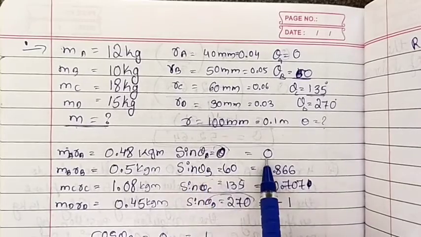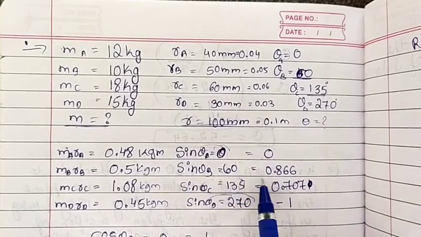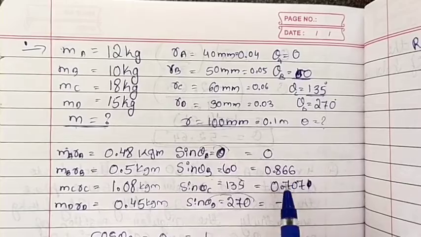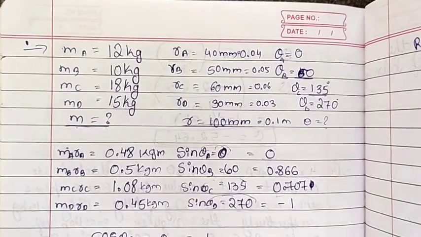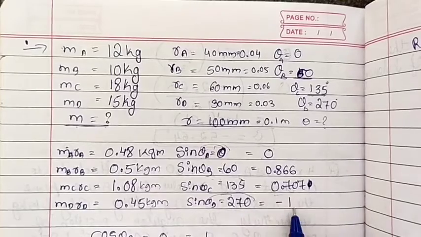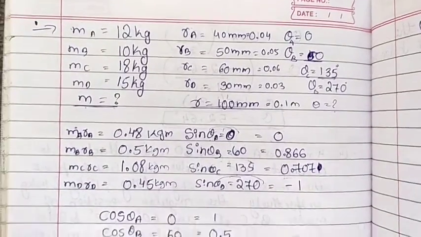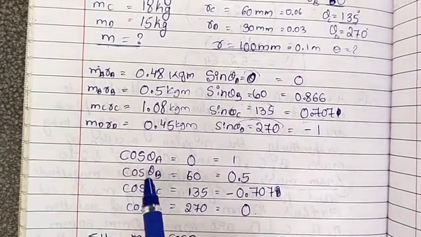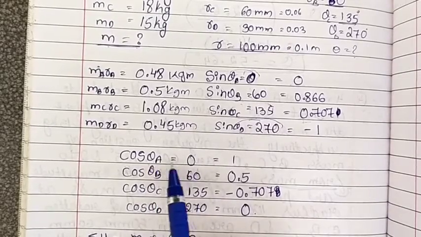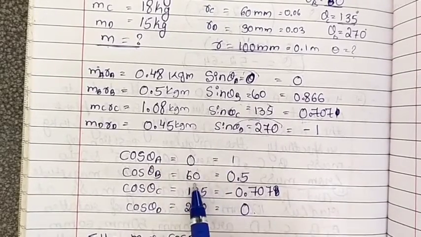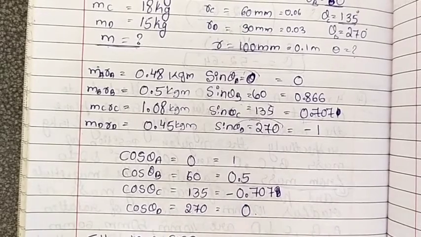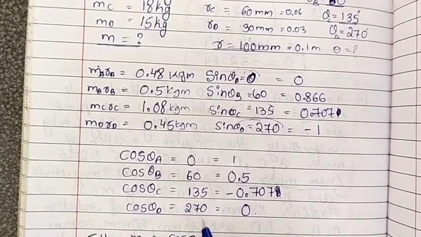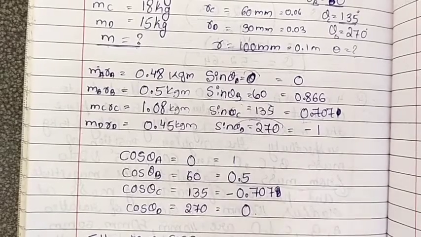Sine of 0 is 0, sine of 60 degree is 0.866, sine of 135 degree is 0.707, and sine of 270 degree is minus 1. Similarly, find for cos also. Cos of 0 is 1, cos of 60 is 0.5, cos of 135 is minus 0.707, and cos of 270 is 0.